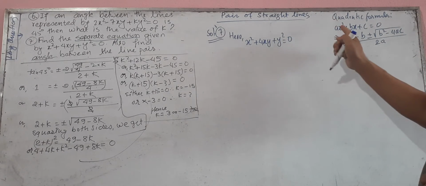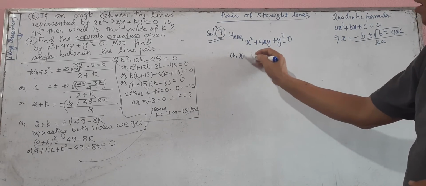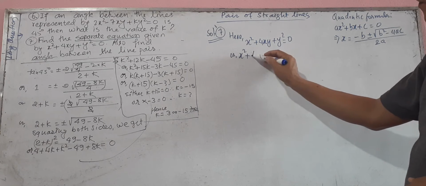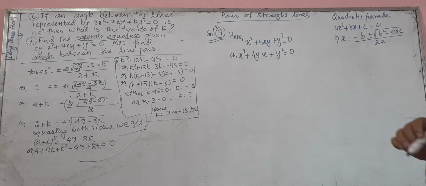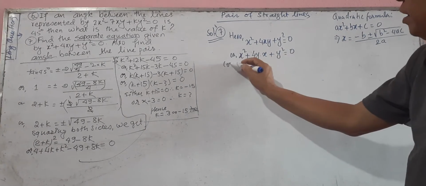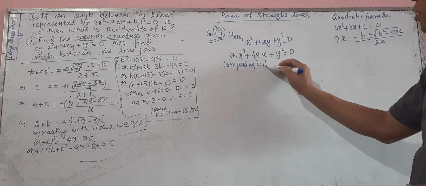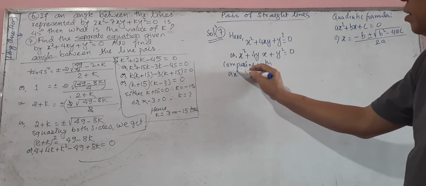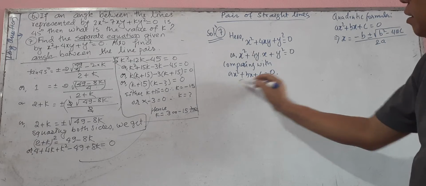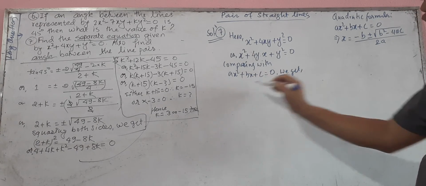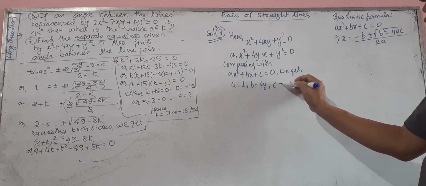We convert the equation to this form: x square plus 4y times x plus y square equal to 0. Comparing with ax square plus bx plus c equal to 0, we get a equal to 1, b equal to 4y, and c equal to y square.